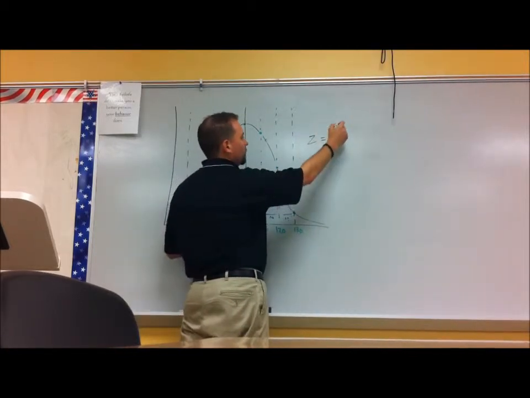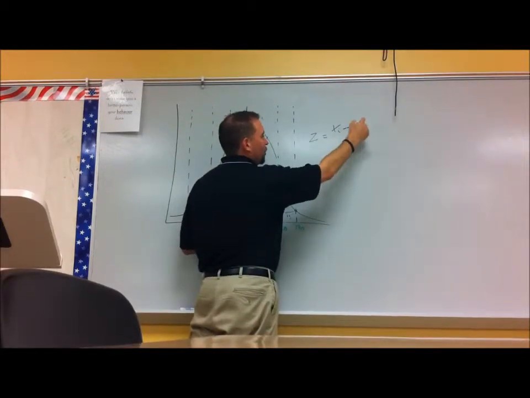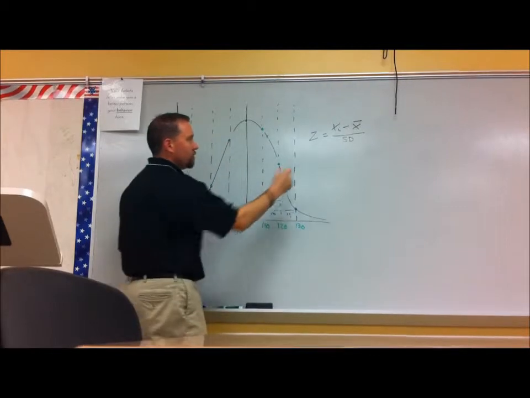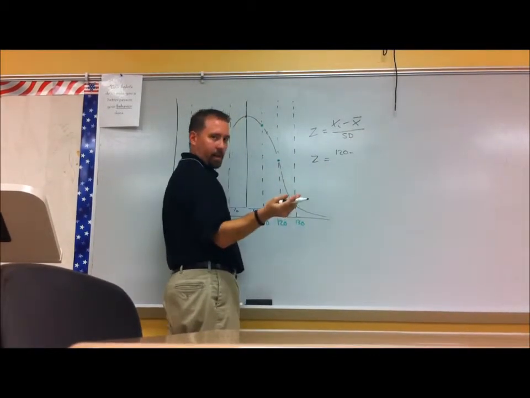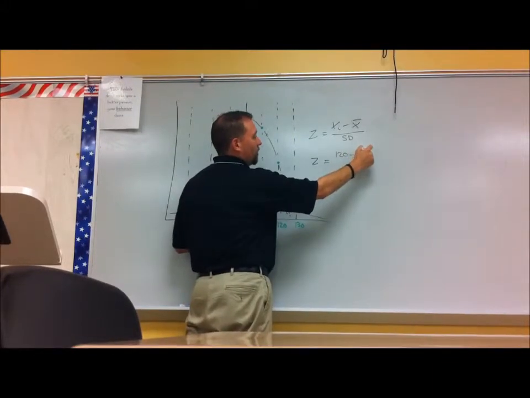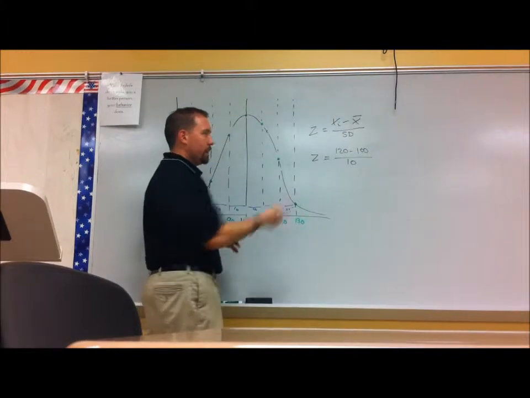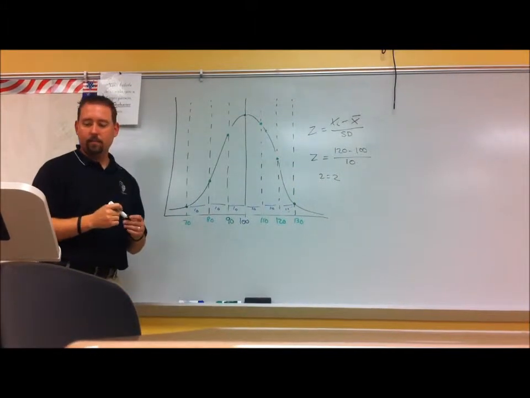Z equals your data point, which in this case is your test score, minus your average, over the standard deviation. So in this case, it is z equals 120, that's the score that I gave you, minus your mean, which is 100, over 10. 120 minus 100 is 20, divided by 10, your z equals 2. That's how we got it.